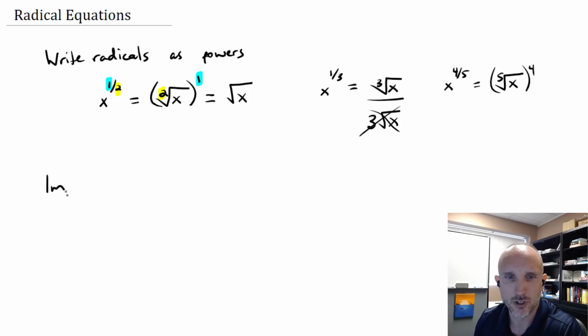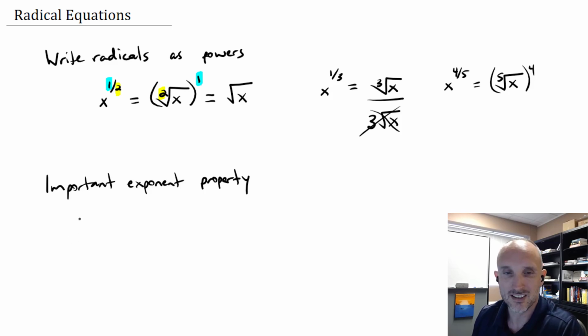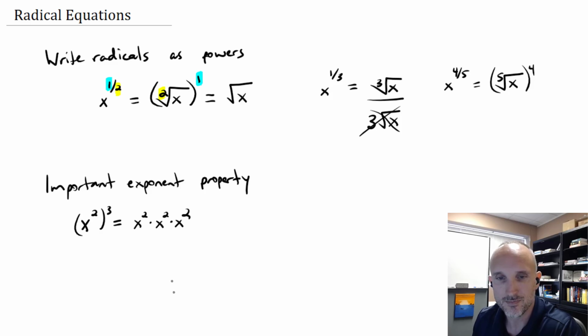Another concept I want to review before we get into solving is an important exponent property that we'll utilize here. Let's review basically for a minute. If I have x squared to the 3rd power, well, that means x squared times itself 3 times.